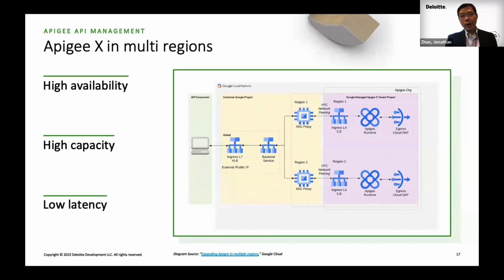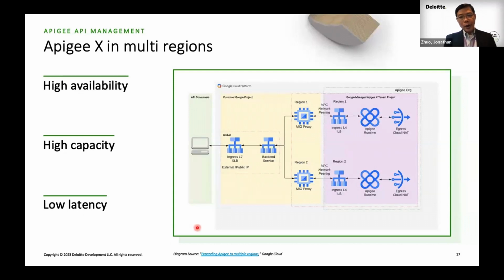Additional regions provide extra capacity for serving your API traffic and room for any unexpected spike in traffic without adding much pressure on a single environment, increasing the overall capacity of your APIs. The third benefit is low latency. Additional regions can lower the overall transactional latency for clients by serving the request in a geographically closer region.